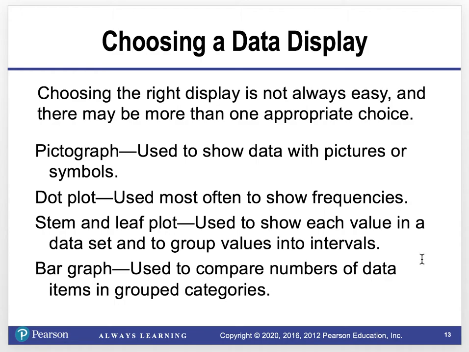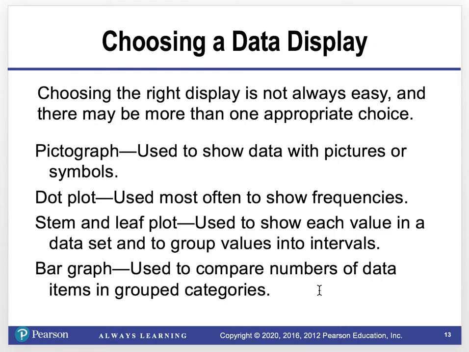Stem and leaf plots are used to show each value in a data set and to group values into intervals. Remember, an advantage of the stem and leaf plot is that we do not lose our individual data items. And of course, a disadvantage, it's just best with small sets of data.